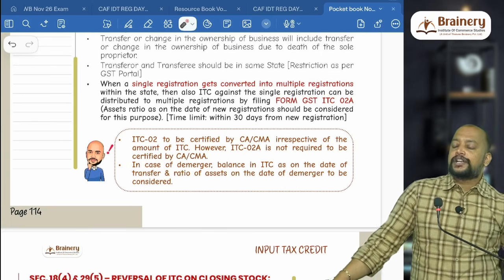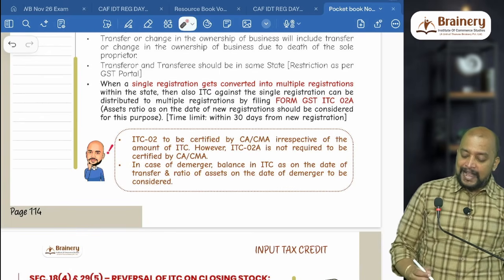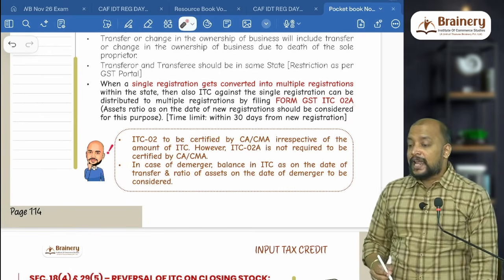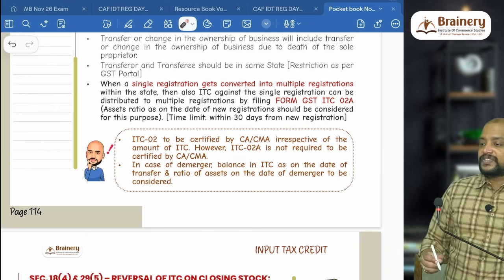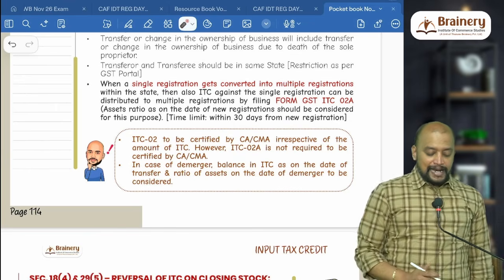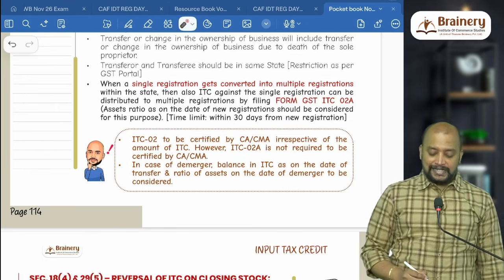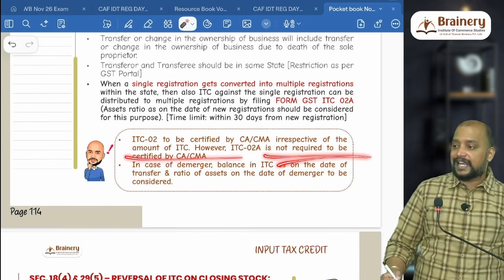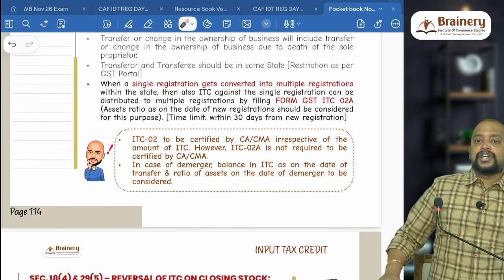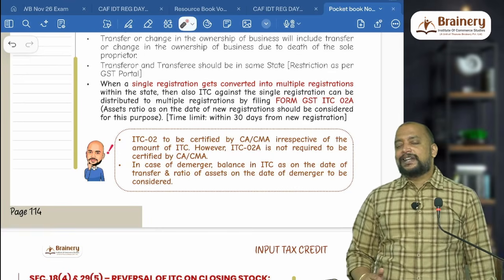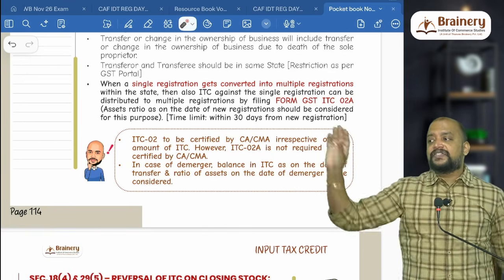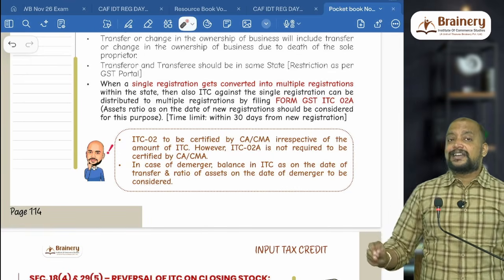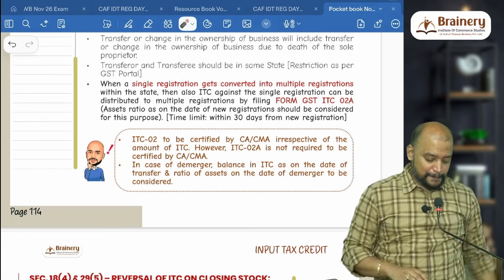The assets ratio as on the date of new registration should be taken, but here the form will be ITC-2A and there is a time limit of 30 days from the new registration. ITC-2 is to be certified by a CA/CMA irrespective of the amount of ITC, but for 2A we don't have any certification. And in case of demerger, which date's ITC balance should be taken? Whichever date you are transferring, that date, but see the assets ratio as on the date of demerger.